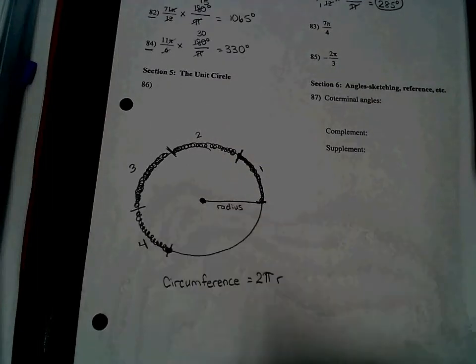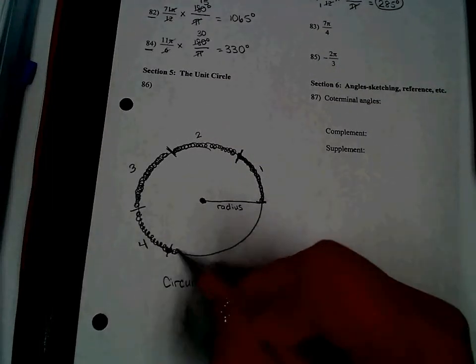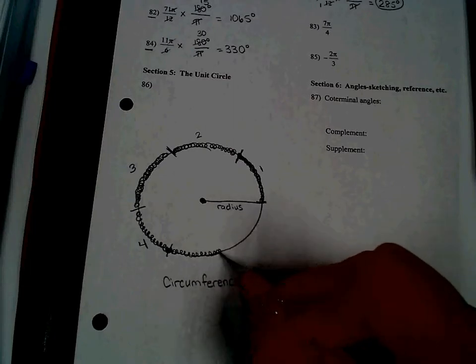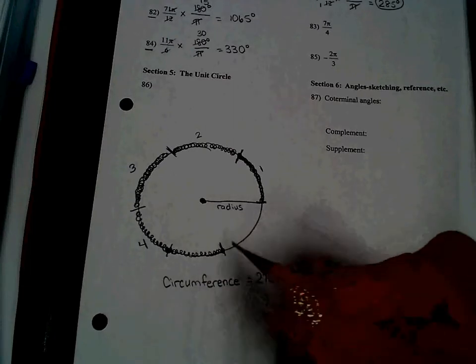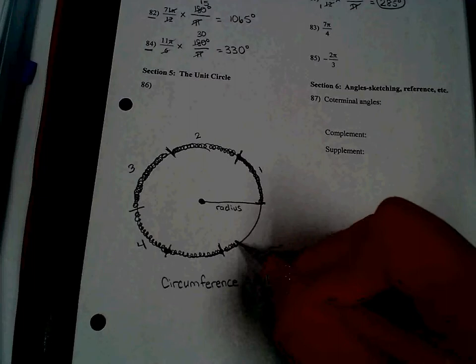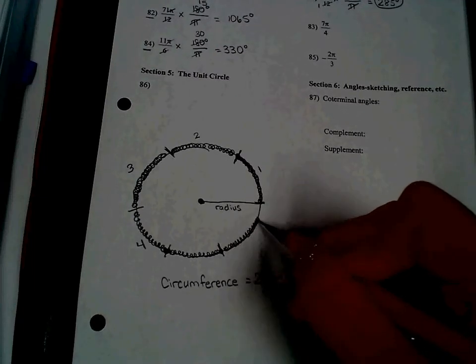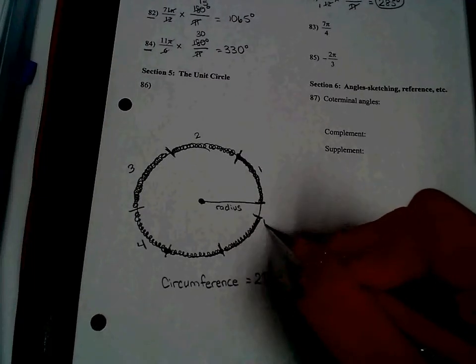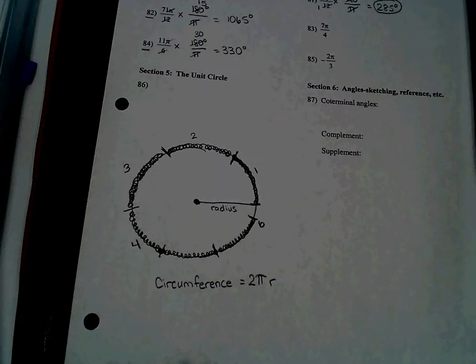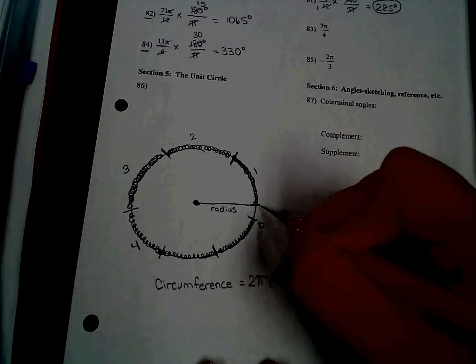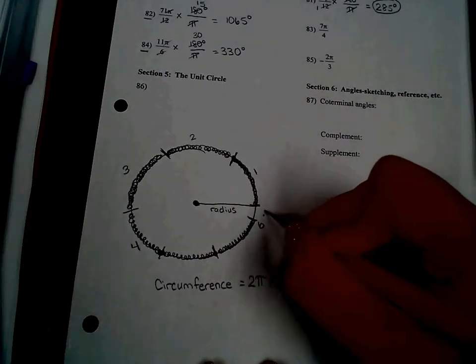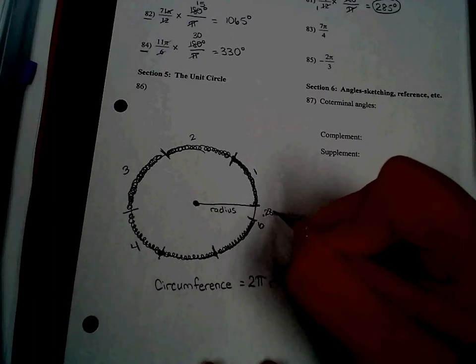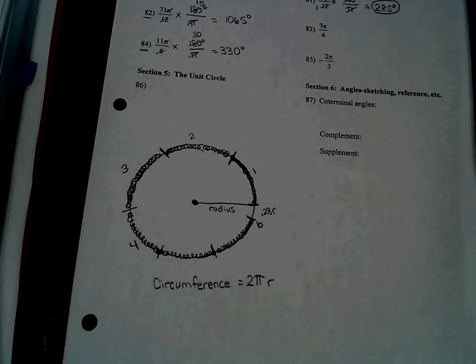The fourth one would end up about right there. The fifth one would end up about right there. The sixth one would end up about right there. And you've got this little gap right here. It ends up being 0.28 of another radius.